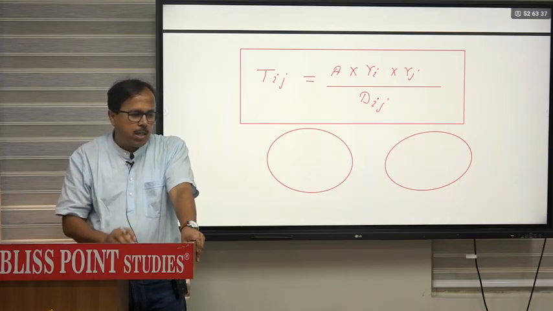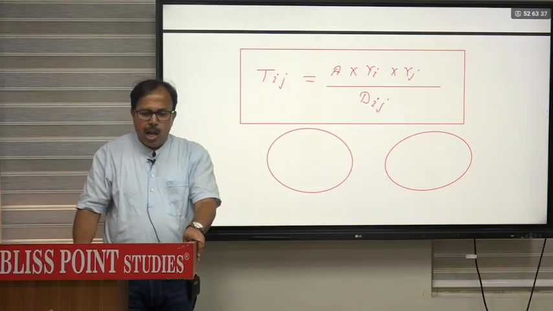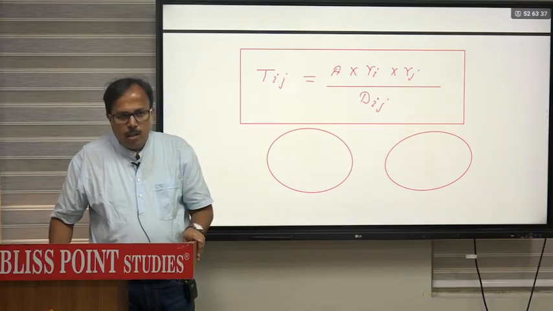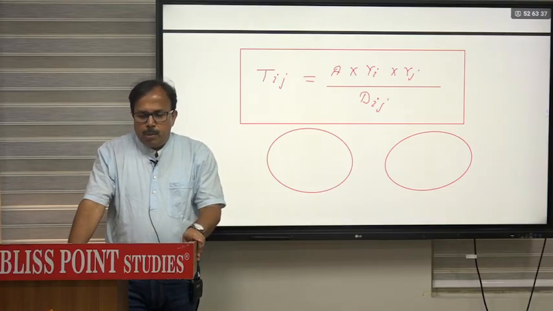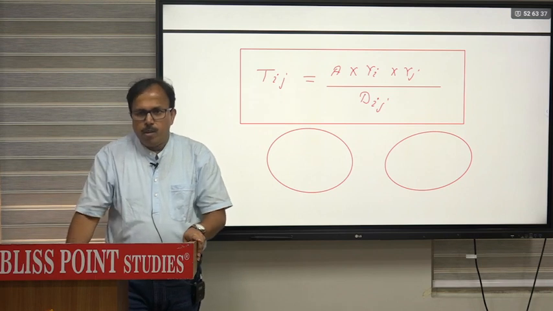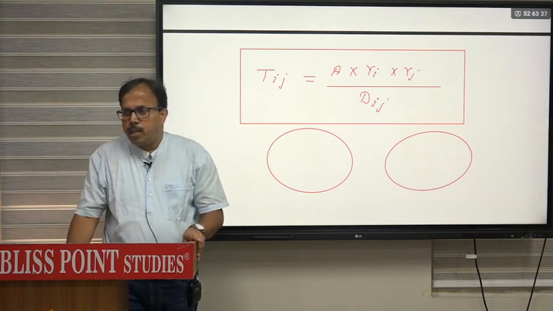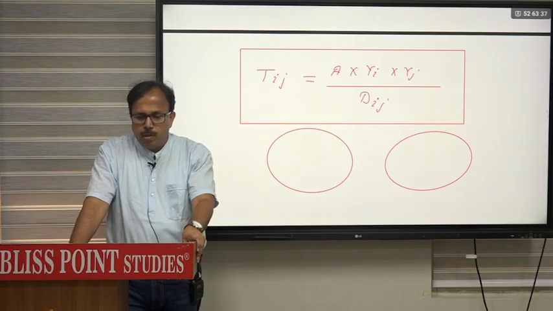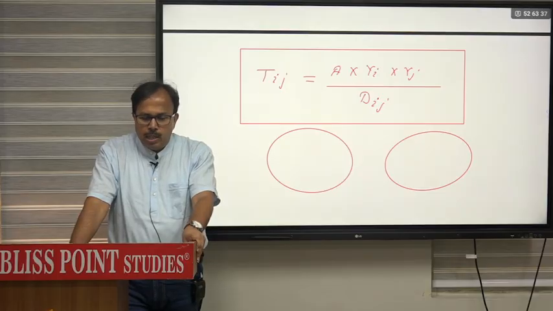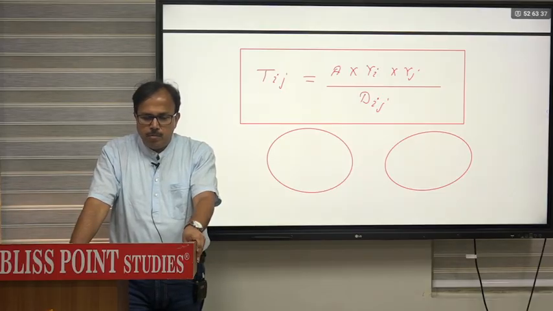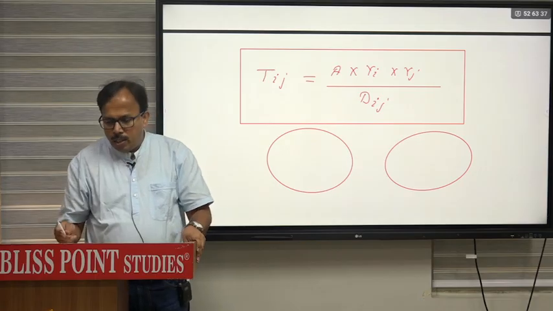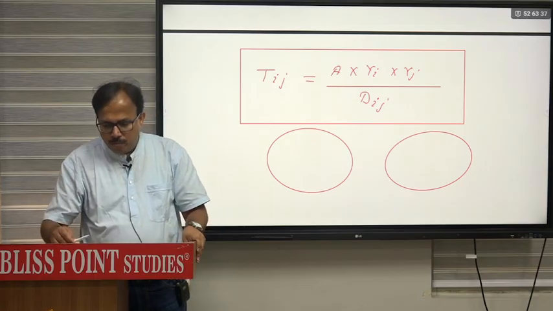What determines the pattern of trade? Which product will be exported, which product will be imported? So write down the next paragraph. However, trade is also determined by some other factors which are not covered in the gravity model.